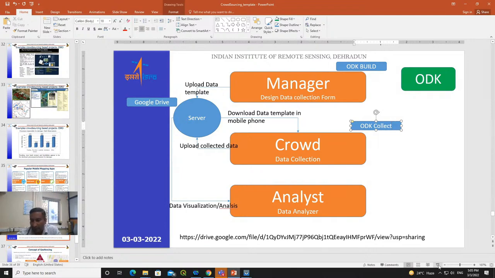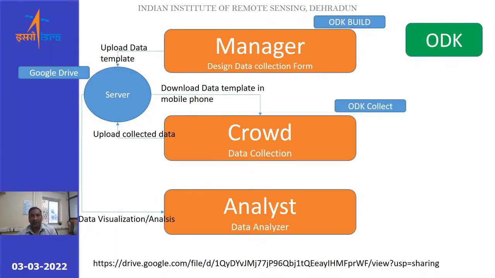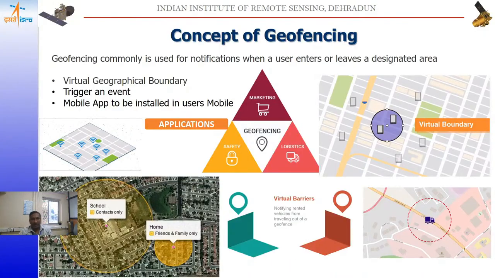Next, if we talk about the concept of geofencing, more of it will be covered in tomorrow's lecture. But what is geofencing basically? It is commonly used for notification when a user enters or leaves a designated area. It is a virtual fencing, a virtual boundary. It can be a rectangular or a circular boundary created based upon locations only.